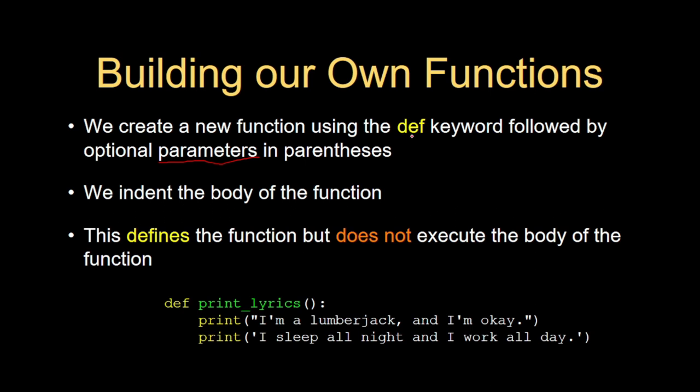But the def keyword is common and mandatory to introduce that the next name is used for function declaration. We indent the body of the function as I told you before, so the body of lines of code is enclosed under the function. So this defines the function but does not execute the body of the function, because the body of the function is executed when the function name is called.